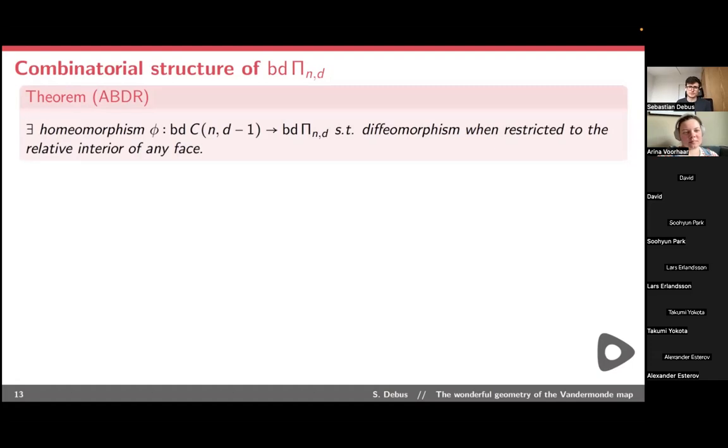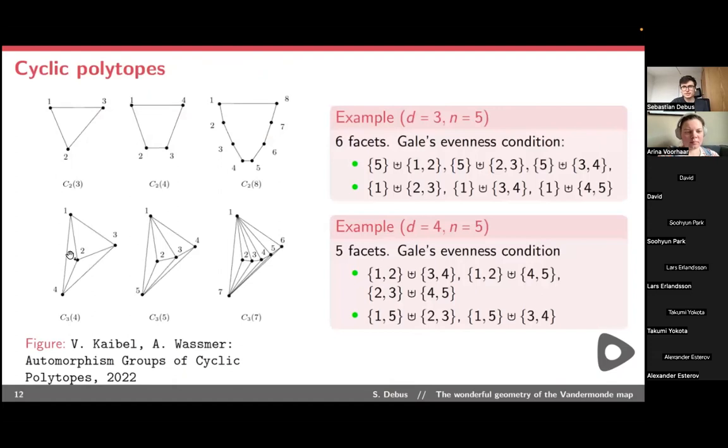And this homeomorphism is actually a diffeomorphism when you restrict it to the relative interior of any face of the cyclic polytope. And this is very important because when you don't use that it's a diffeomorphism, then you can just map it to a sphere, for instance. And the sphere, you would probably argue, doesn't have the combinatorial structure of a cyclic polytope. So we need that it's a diffeomorphism on the relative interior of the facets or on the relative interior of any face.